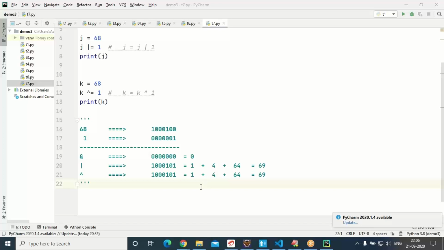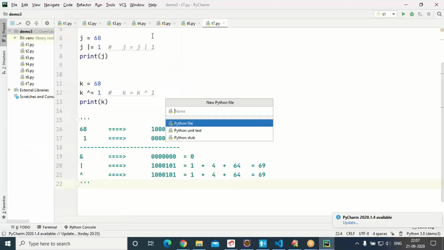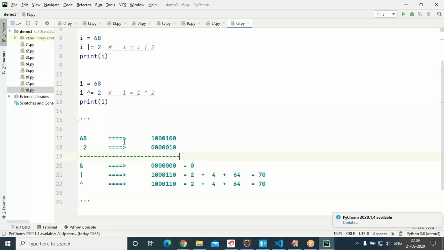You can easily understand, it's not difficult. Check it out, applying bitwise operators. It is simple. You can check it out.